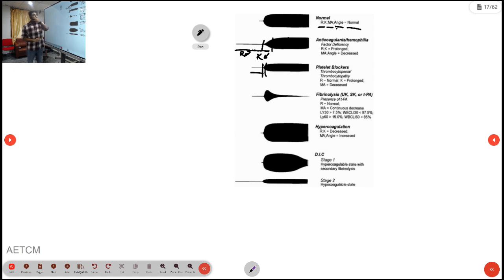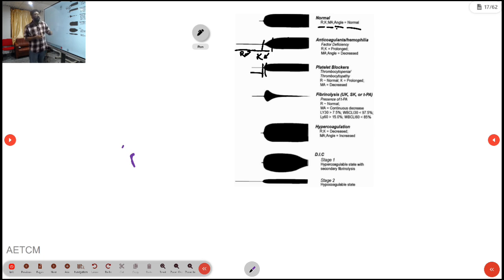Fibrinolysis usually occurs when we use urokinase, streptokinase or a tissue plasminogen activator. The presence of a tissue plasminogen activator usually leaves the R time normal. If you check the blood and do a TEG after thrombolysis, you will get this kind of diagram.